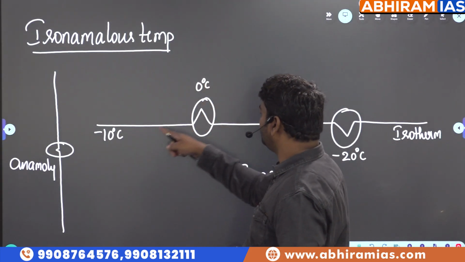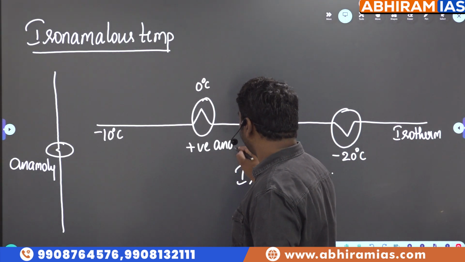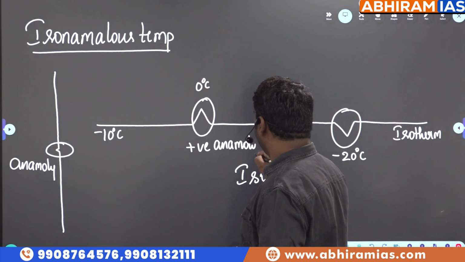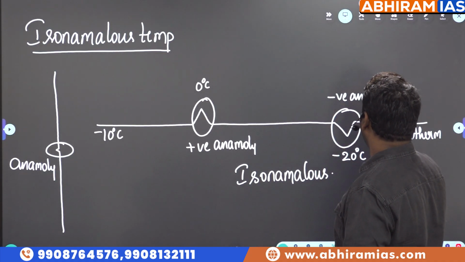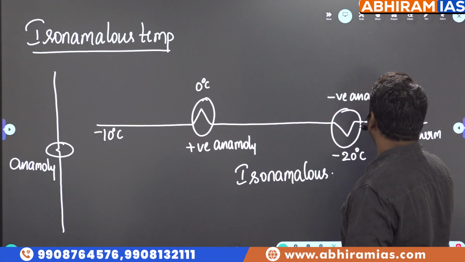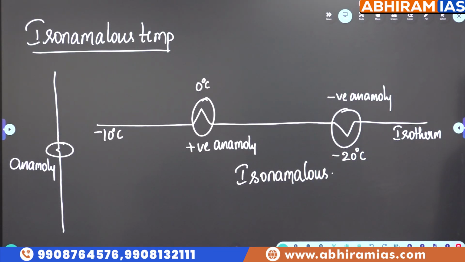As it is more than minus 10, it is called positive anomaly. It is less, it is called negative anomaly. The word is important, isonormalous temperature.